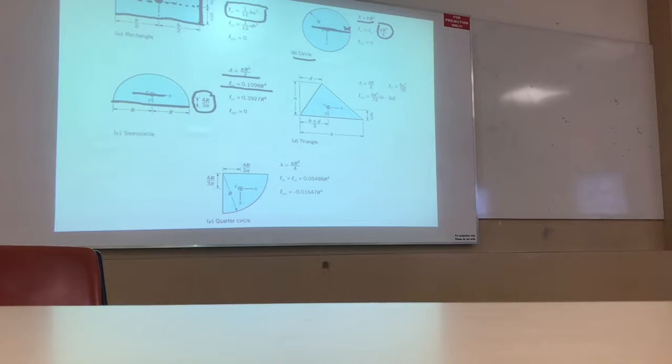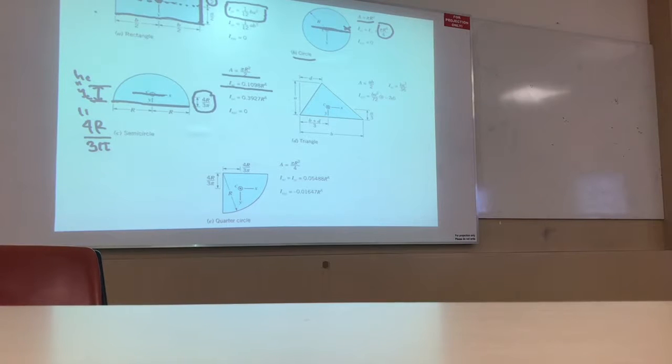So YC for the semicircular case is from here to here. This is YC or HC, same thing. And this value is equivalent to 4r by 3 pi. For the rectangular shape, we assume the distance from here to here is HC or YC. This value is equivalent to A by 2. Okay?